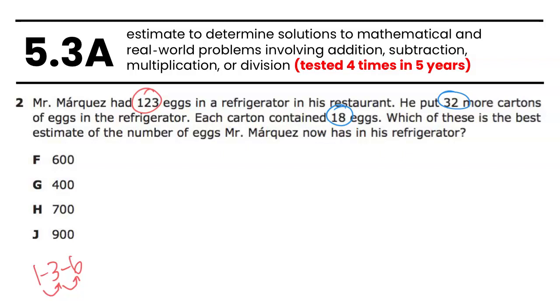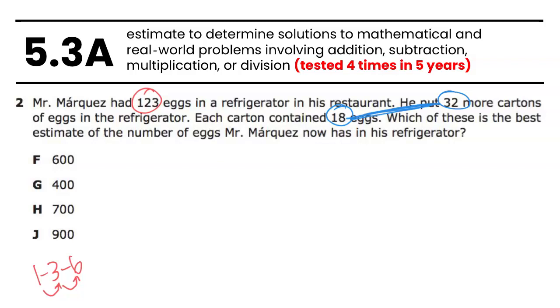So what I notice is that I've got to figure out, first of all, how many eggs he put into the refrigerator from these additional 32 cartons. That means that I know these 2 numbers are associated with one another. And to figure out how many eggs come in those cartons, we're going to multiply 18 by 32.